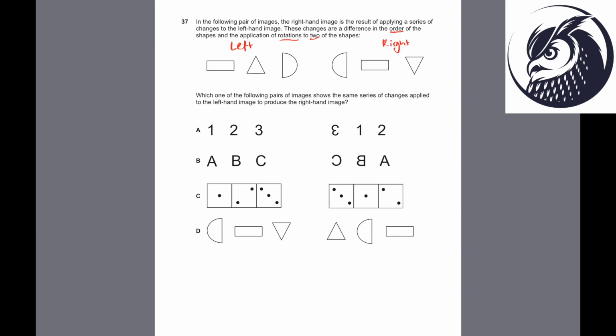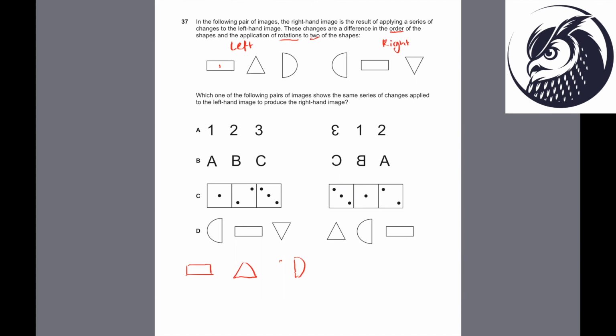And the question is now asking us, which of the following pairs of images shows the same series of changes applied to the left-hand image to produce the right-hand image? So what I'll do is I'm just going to draw those images one more time, and we're going to analyze them in a bit more detail. So let's focus on the first one.